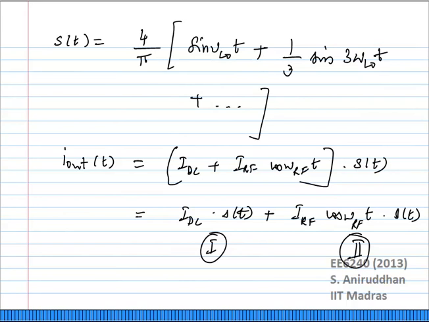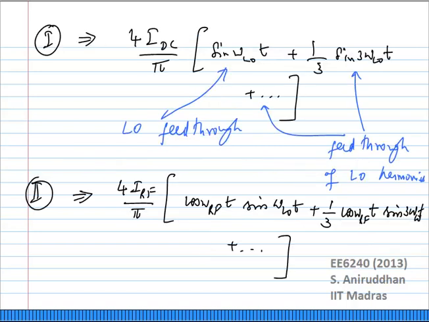We multiplied that with the Fourier series of the switching function, of the signum function, and it had two sets of terms. The first set of terms was IDC times S of t, so that gave you all the LO feed through terms. The second function is IRF cos omega RFT times the Fourier series of your switching function, and that gave you your mixing terms with LO, 3LO, 5LO and so on. Right? That is what we derived.